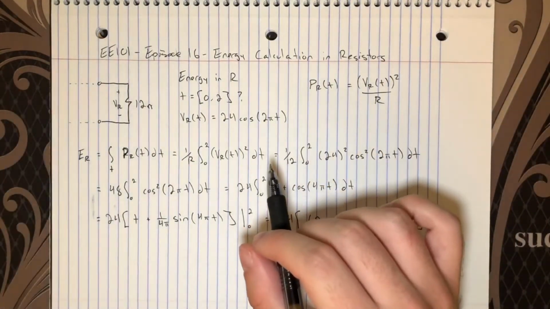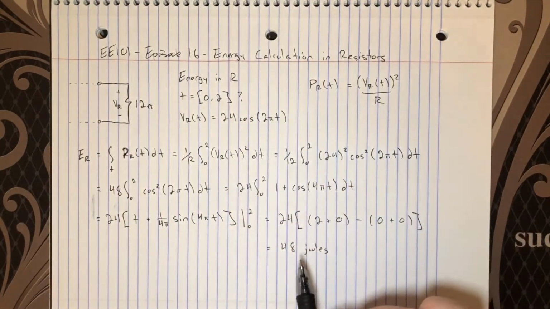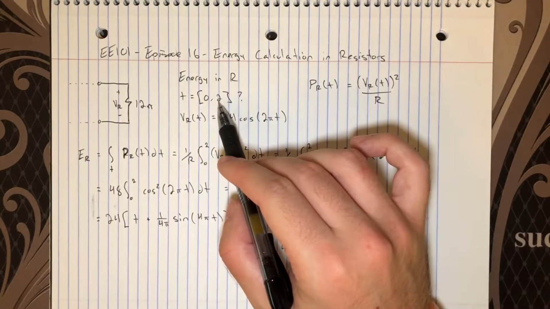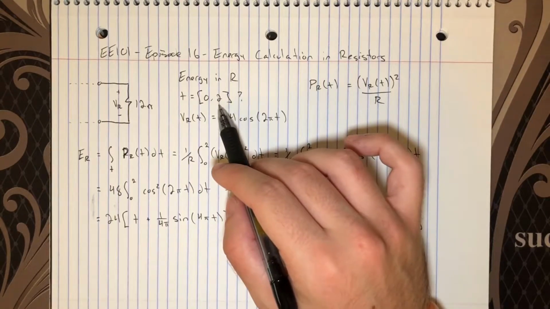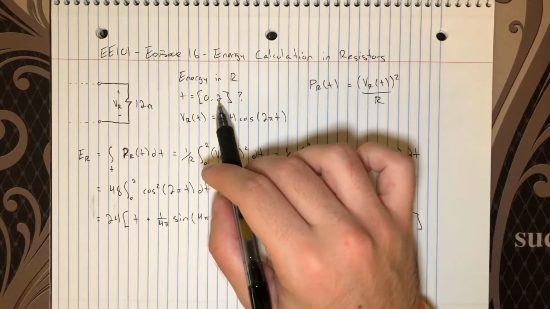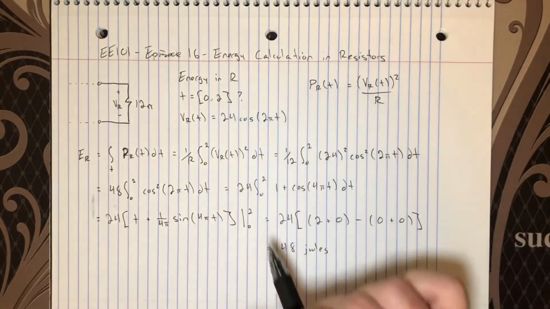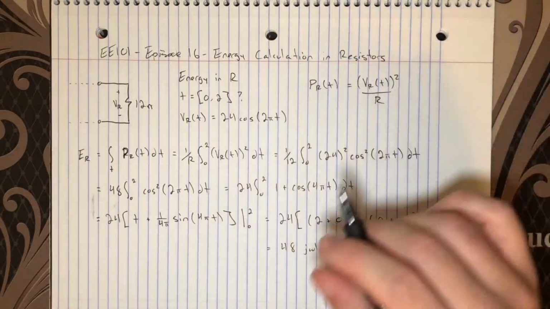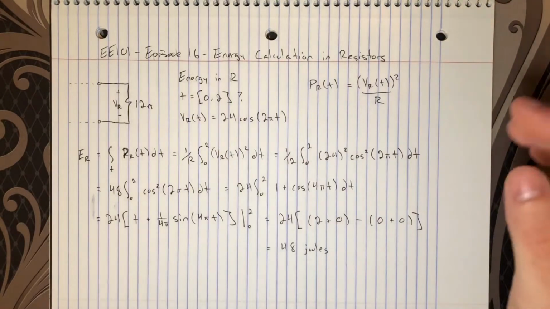The only reason we have a bounded energy here is because we capped the time at a reasonable value, 2 seconds. If we had let this go to infinity, we would have infinite energy, because this is just a sinusoid oscillating and delivering current forever.